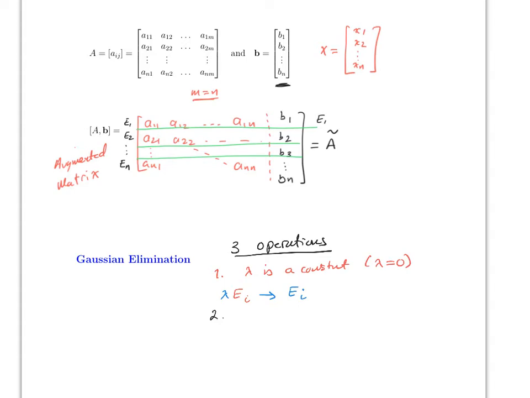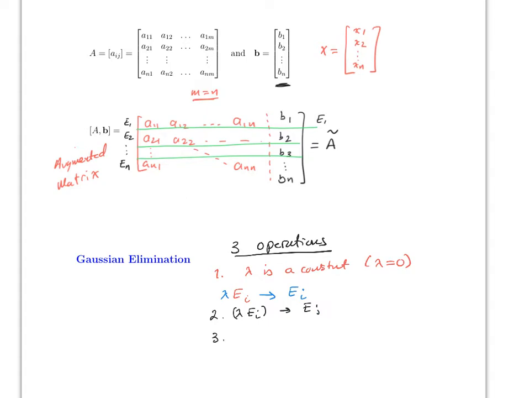If you multiply the same row by a constant, you can add it to another row, and that replaces the other row.